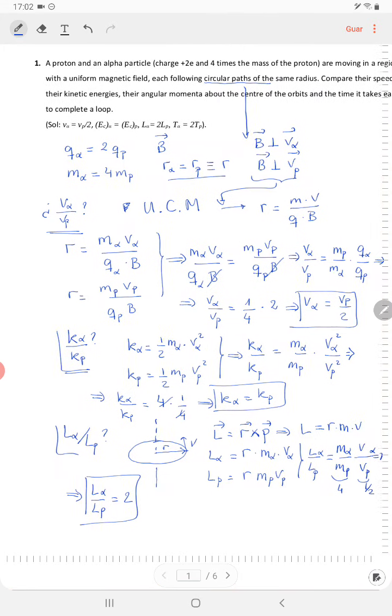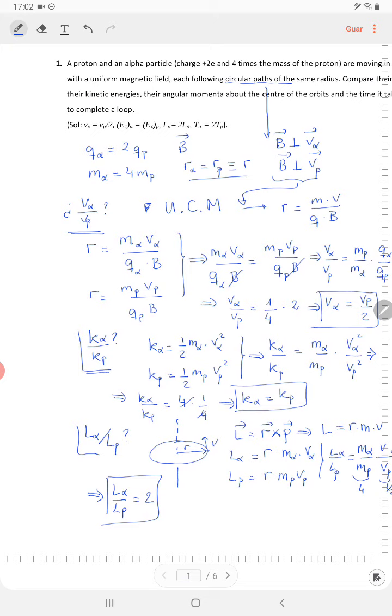The last part is the ratio between the cyclotron periods, T alpha divided by T proton. We have to remember that the cyclotron period is equal to 2 pi times m divided by QB.